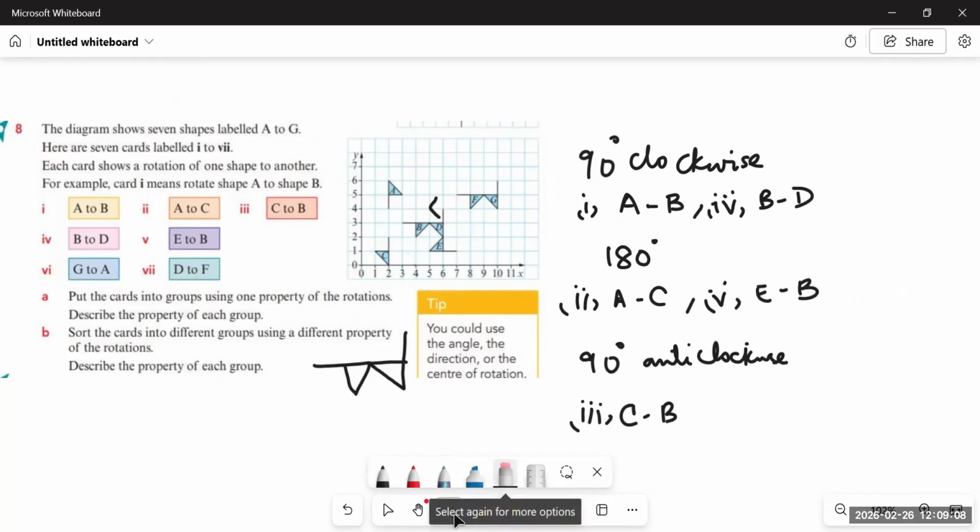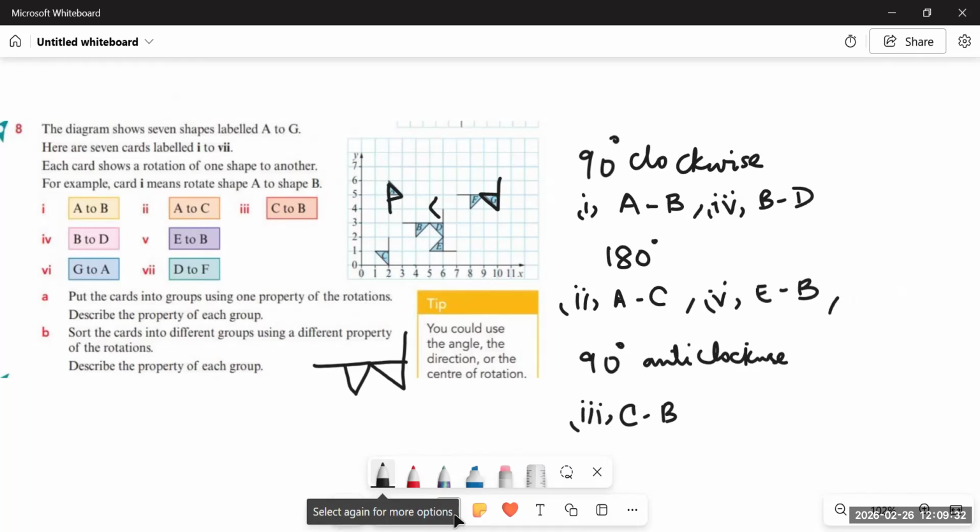And then if we talk about number 6, G to A. See, this is A and this is G. So it's actually flipped, means 180 degrees.